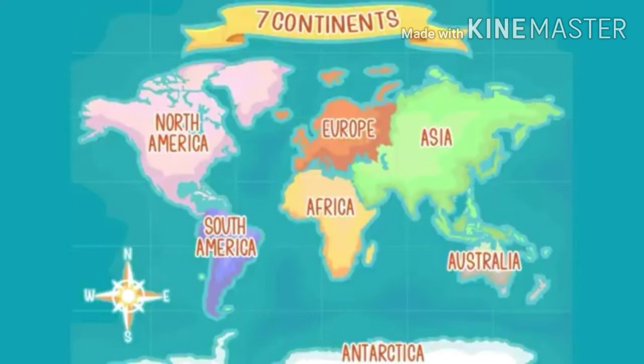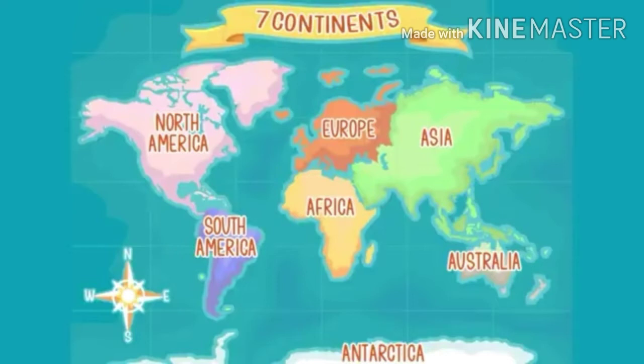Now we are going to see map. A map is a graphical representation of the Earth's surface drawn to scale on a sheet of paper.